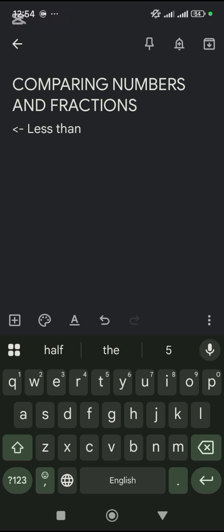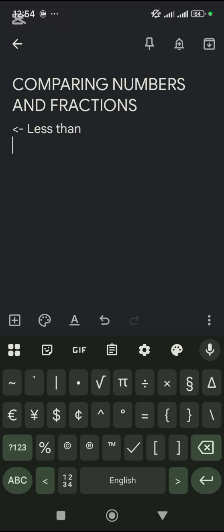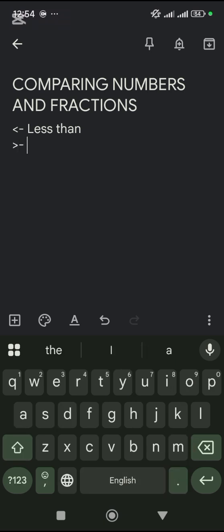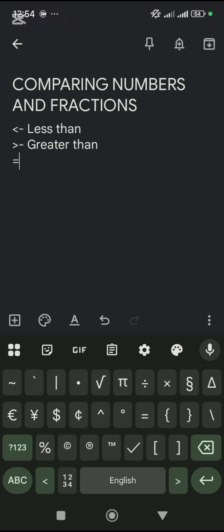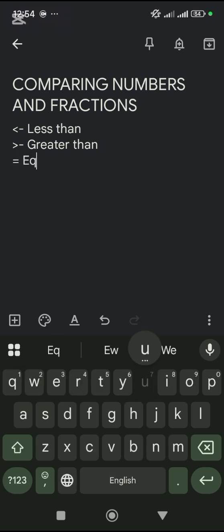It means less than. If your left hand is to the screen and that is less than, your right hand is greater than. So the symbol for greater than is this. And then of course we already know this is equal to.